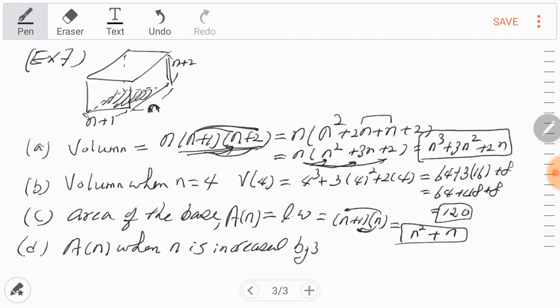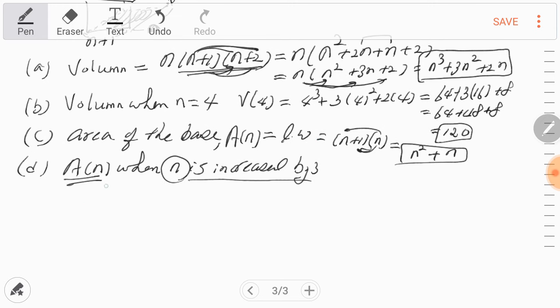Okay, then what will be the area when the value n is increased by 3? In this case, we can find the area by changing the input. So the input will be n plus 3, because n is increased by 3.